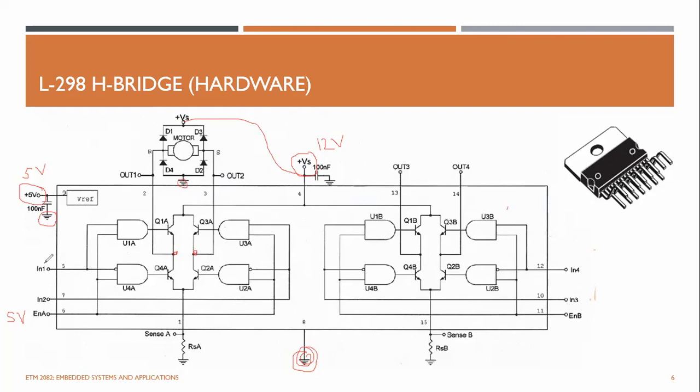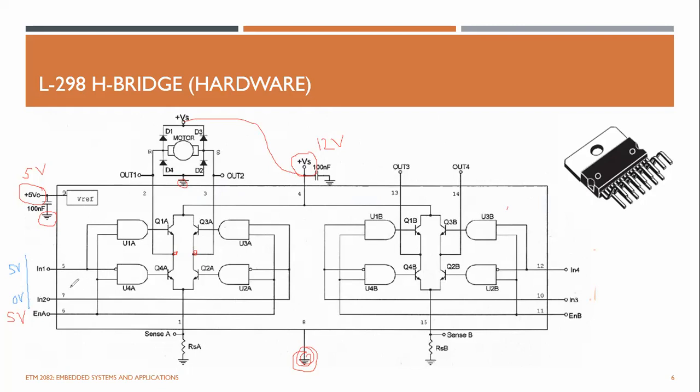Okay, so if this is 5 volt, this should be 0 volt. I'm just talking about one single example. Assume IN1 is 5 volt, so IN2 should be 0 volt. They should be in opposite polarity, opposite logic.